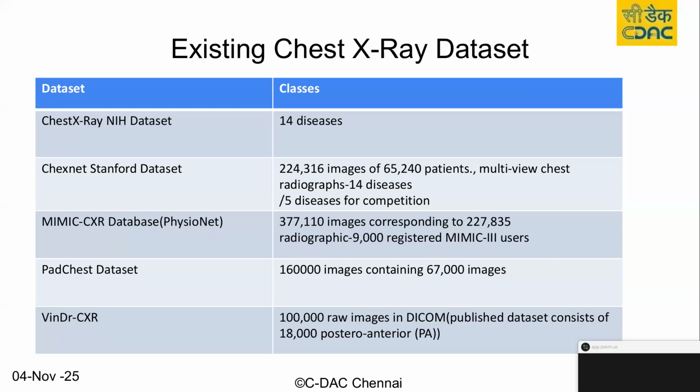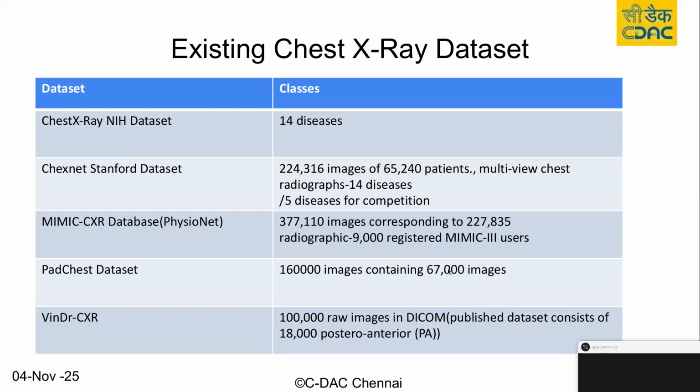Coming to another dataset, the MIMIC-CXR dataset has 3,77,110 images, but it is again somewhat proprietary. I think only people who have completed some course prescribed by PhysioNet can access this.